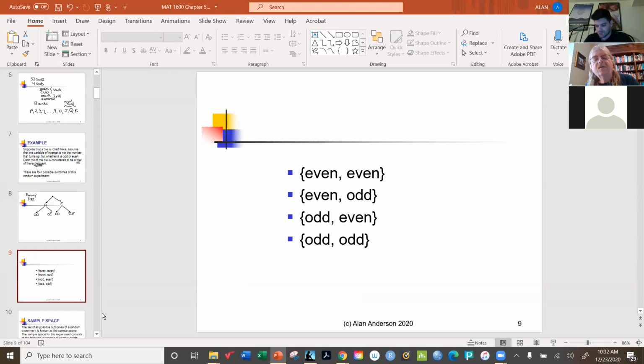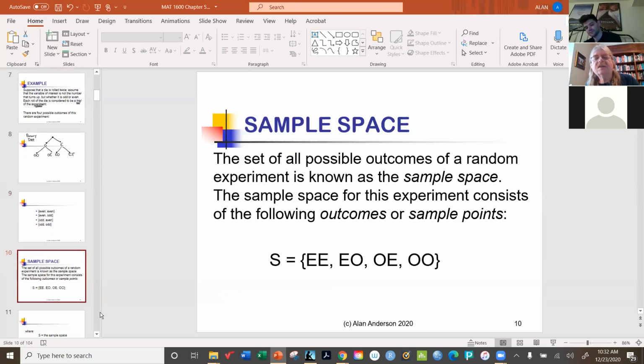First, we're going to abbreviate them, of course. We don't want to write out these words all the time. What we're going to do is gather these together into a very special set, which is called the sample space of the experiment. This is the set of all the possible outcomes of our experiment. And you can see they're all listed there.